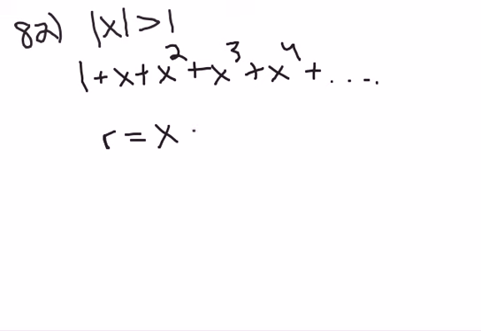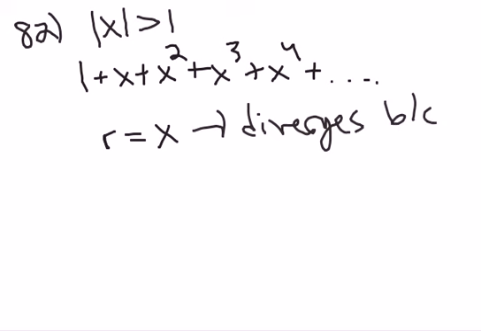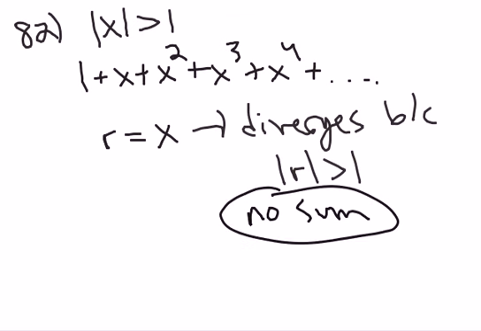So this would diverge, because r is greater than 1. So you're just adding bigger and bigger numbers to this geometric series, okay? So there actually is no sum. The answer key says that the answer, I believe, is 1 over 1 minus x. That would be true if this was less than 1. So keep that in mind. But given what they actually wrote, the answer should be there is no sum.